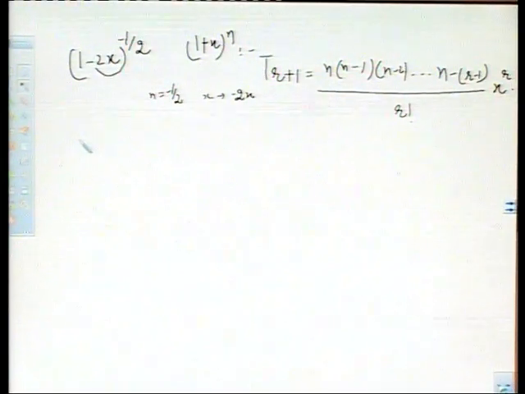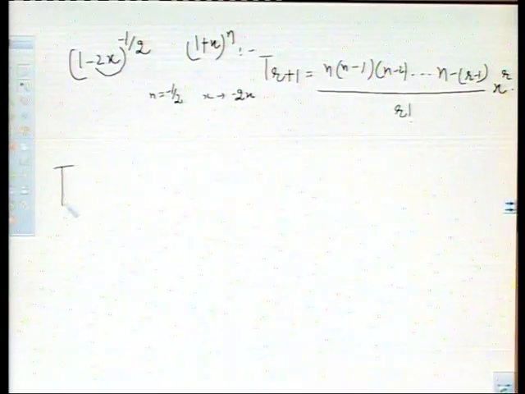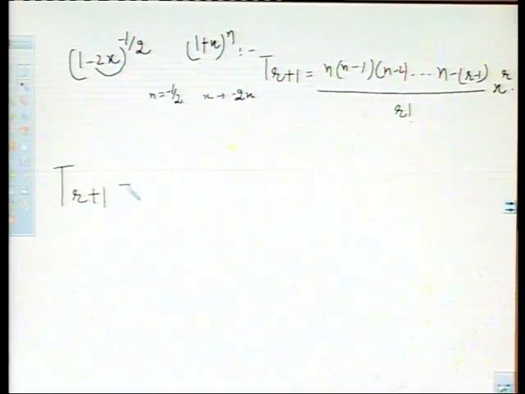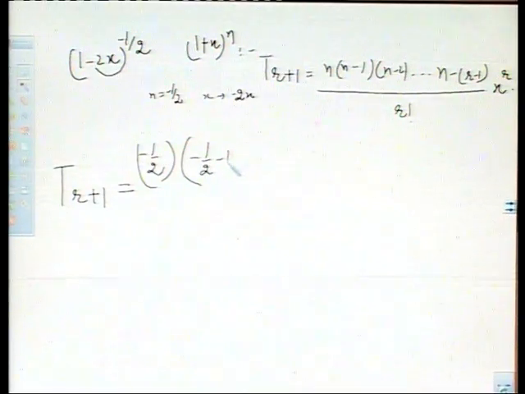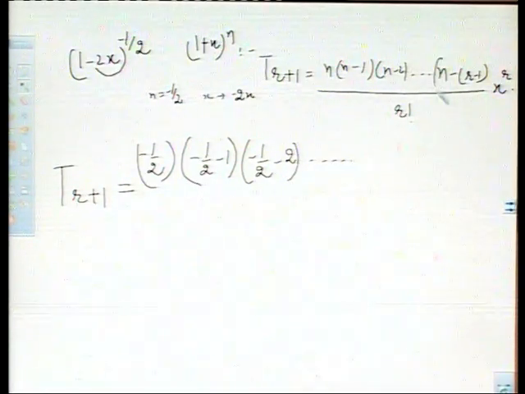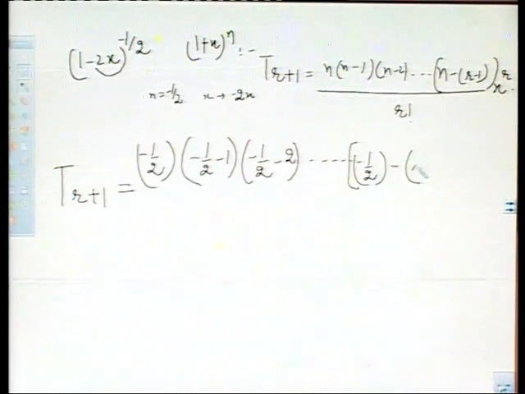We will write here: n is minus 1 by 2, minus 1 by 2 minus 1, minus 1 by 2 minus 2, up to n minus r plus 1.